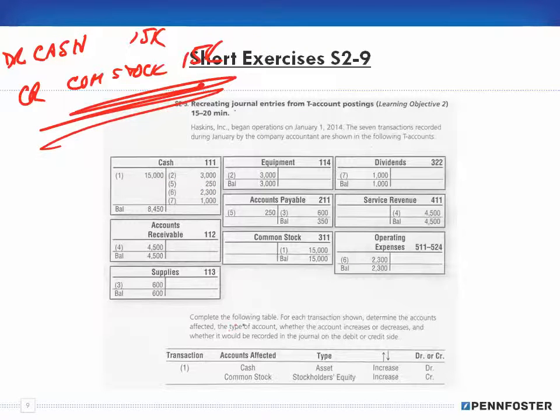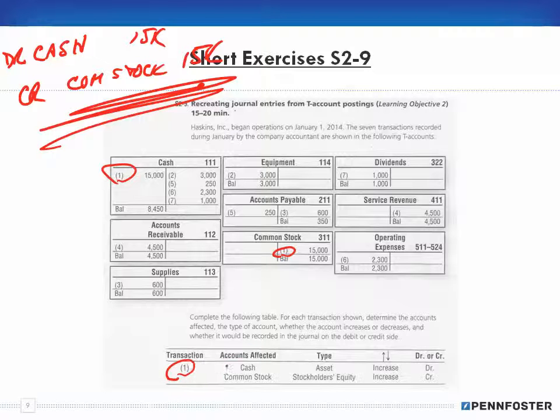But now it says down here, complete the table for each transaction shown. Determine the accounts affected, the type of account, whether the account increases or decreases, and whether it would be recorded in the journal on the debit or credit side. What you saw me do by finding the number 1s here was determine that cash is debited for $15,000 and common stock is credited for $15,000, and that's what this transaction is showing.